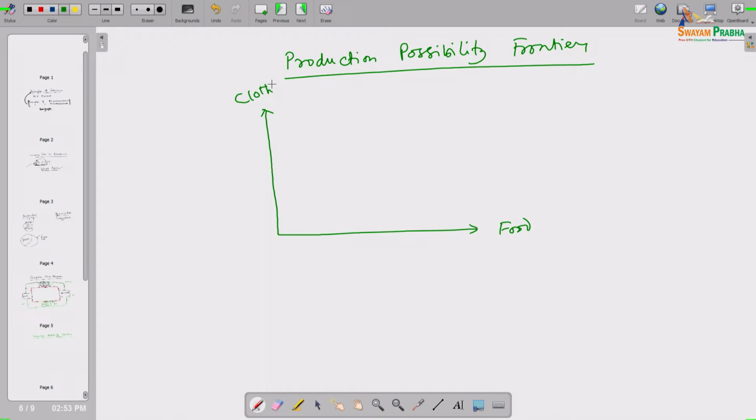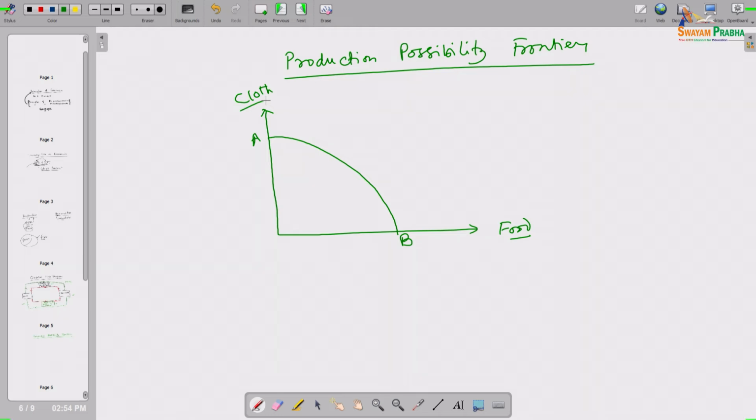Given the resource vector the society has, if it wants to produce these two goods, food and cloth, this is the frontier we can get. That is why it is called the production possibility frontier. This concave line, say AB, is the outer boundary of the amount of food and cloth an economy can produce using whatever resources it has.